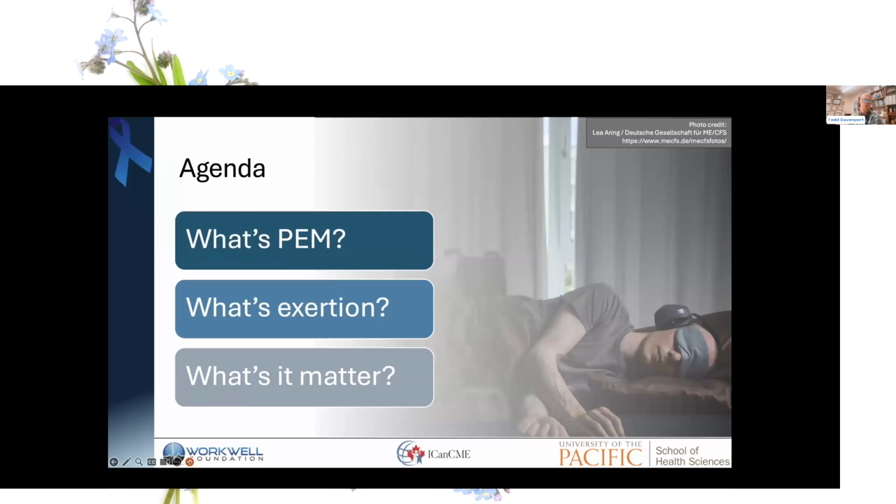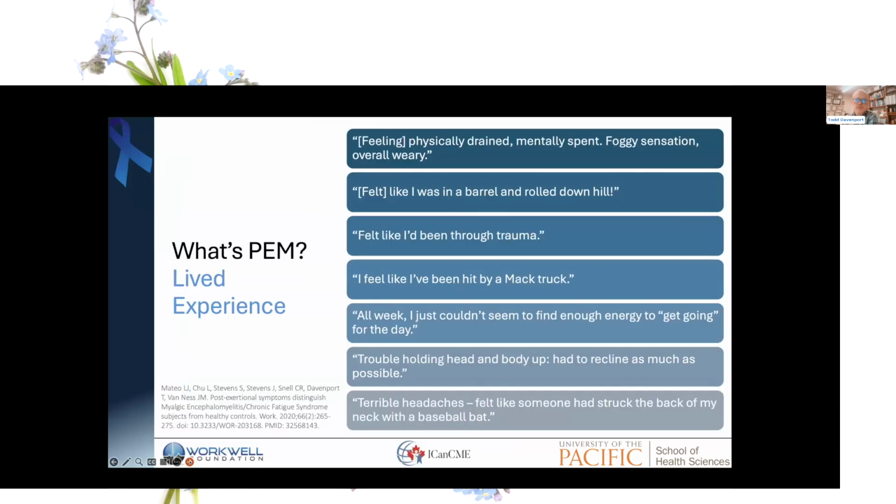And because it is central to the lived experience and following along the conference theme of nothing about us without us, our patients leading the way, we need to acknowledge PEM in clinical practice and in research, which are the 2 hats that I generally wear outside of the educational realm.